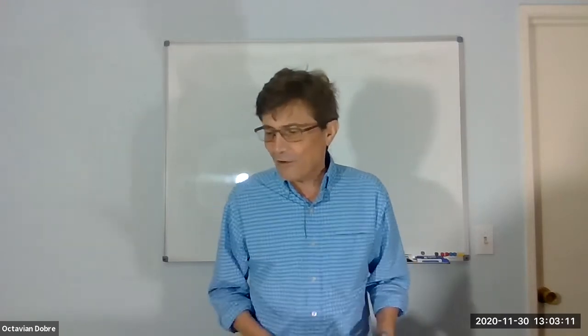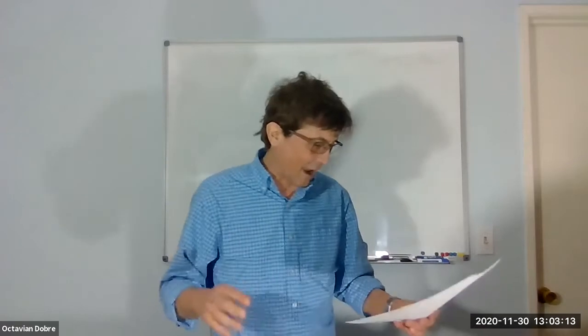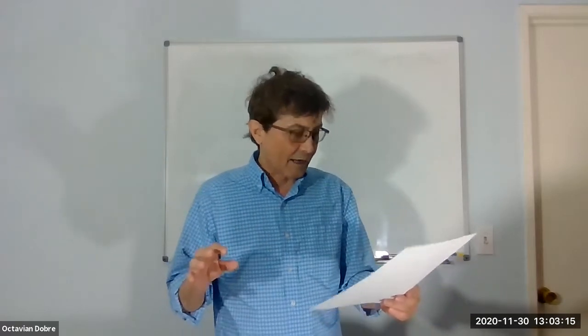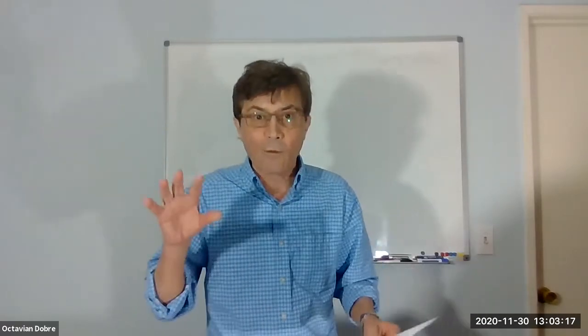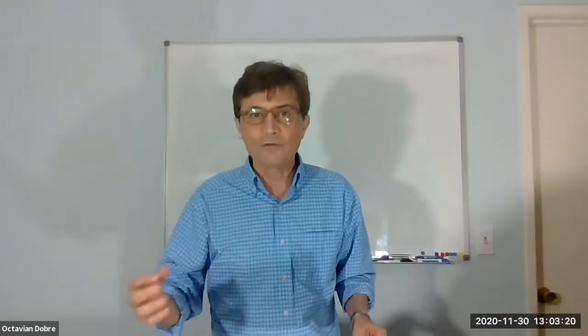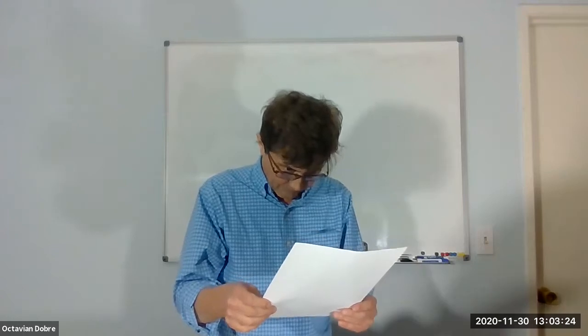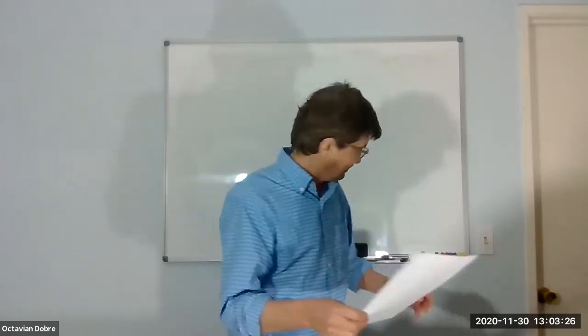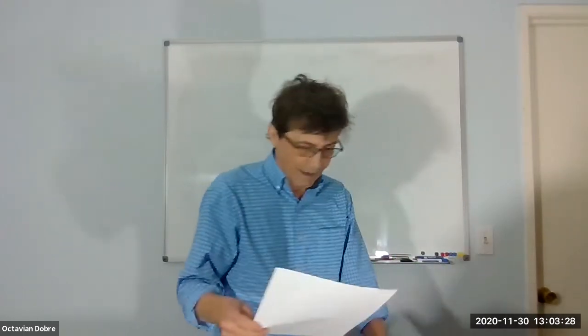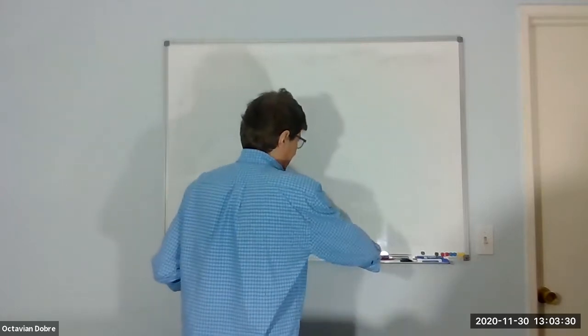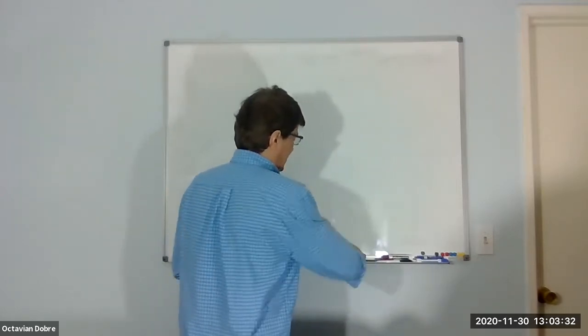Okay, folks. So here are the two problems. Actually, both problems are going off of one table. So I'm going to use a table for both problems. And it goes like this. Let me write it up on the board.